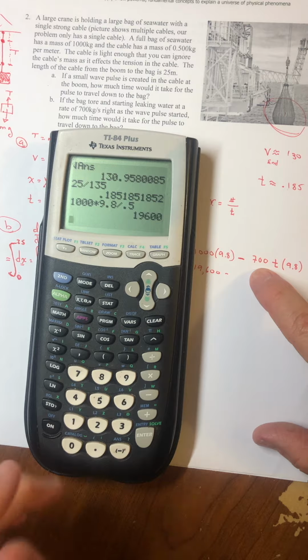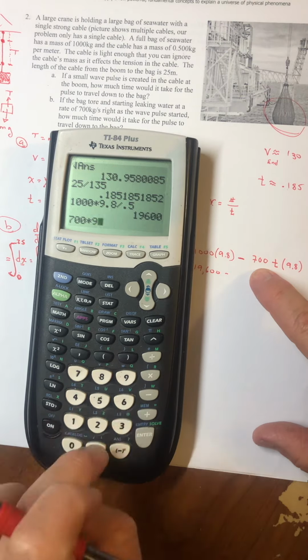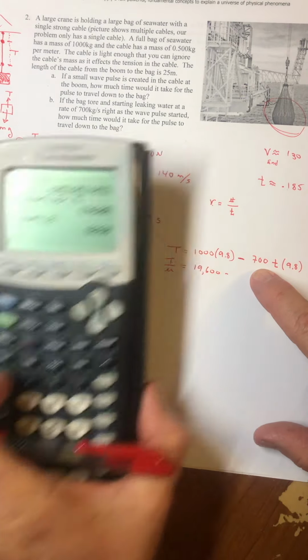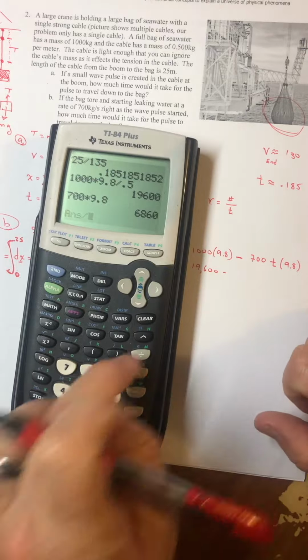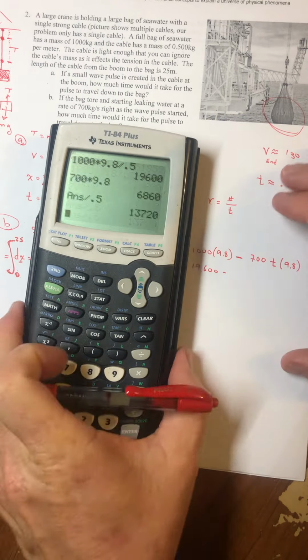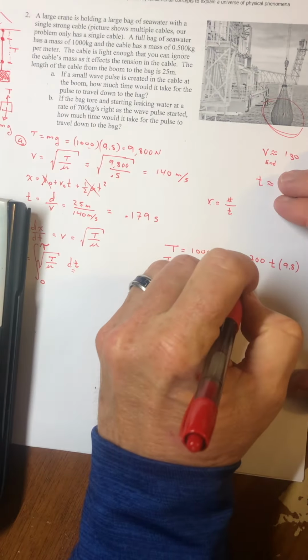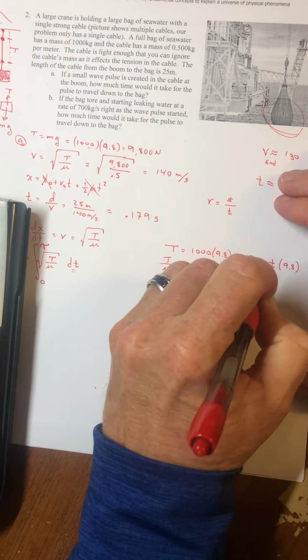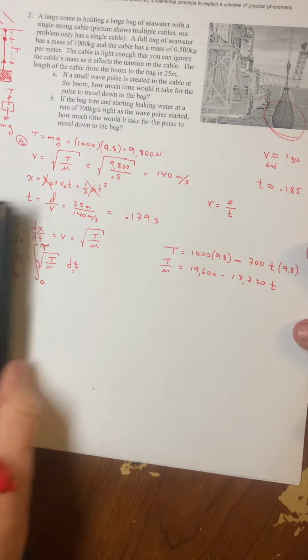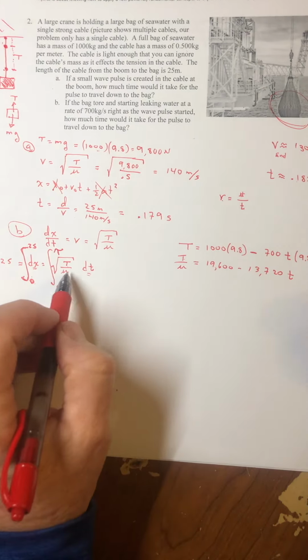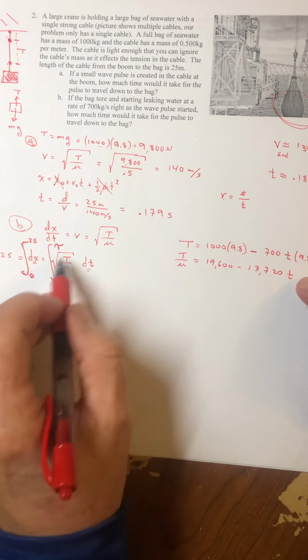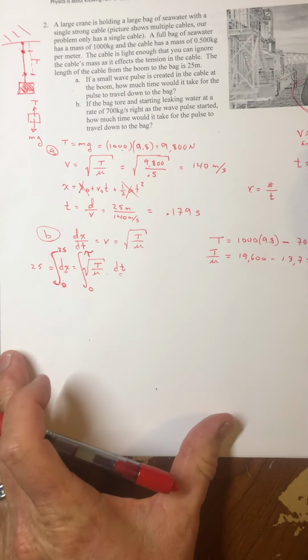And this would be the 700 times 9.8 for the tension part of it, and then divide it by the mu, and I would have 13,720 t. And so that's the function of T, and then now I have to just do the calculus with the integration.